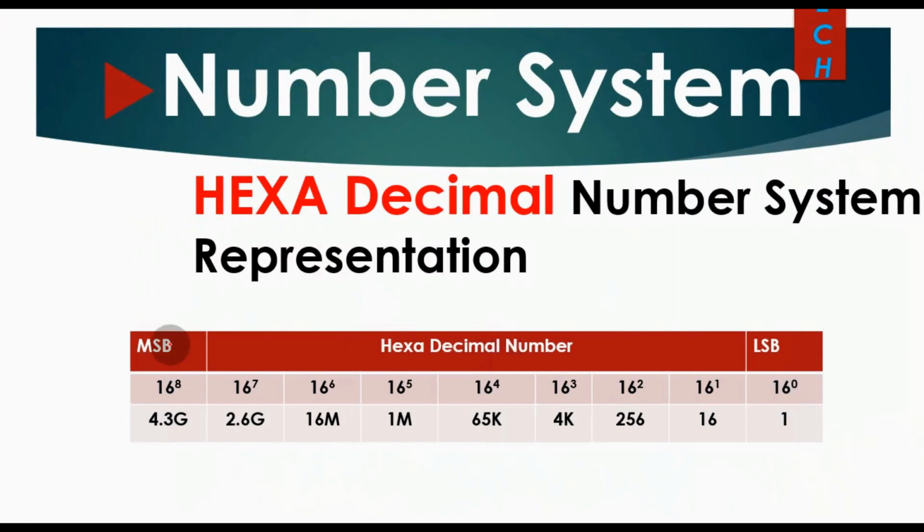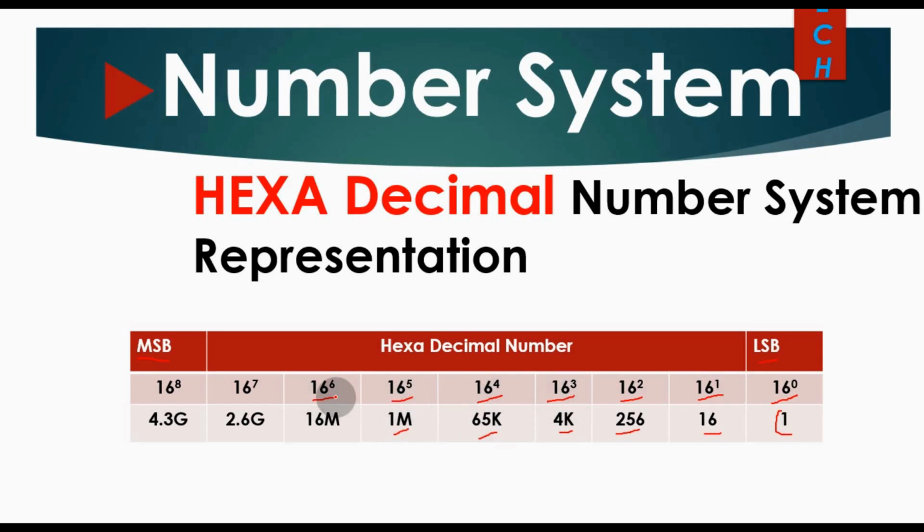Here you can see this is the LSB, this is the hexadecimal number system, and this is the MSB. For 16 to the power 0, you can write 1. For 16 to the power 1, you can write 16. For 16 to the power 2, you can write 256. For 16 to the power 3, you can write 4k. For 16 to the power 4, you can write 65k. For 16 to the power 5, you can write 1 million.